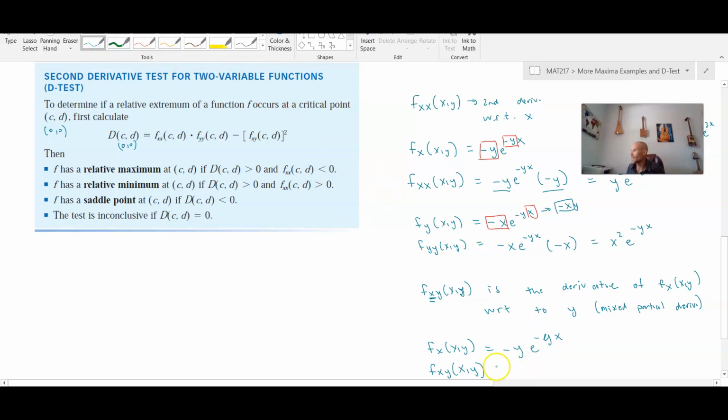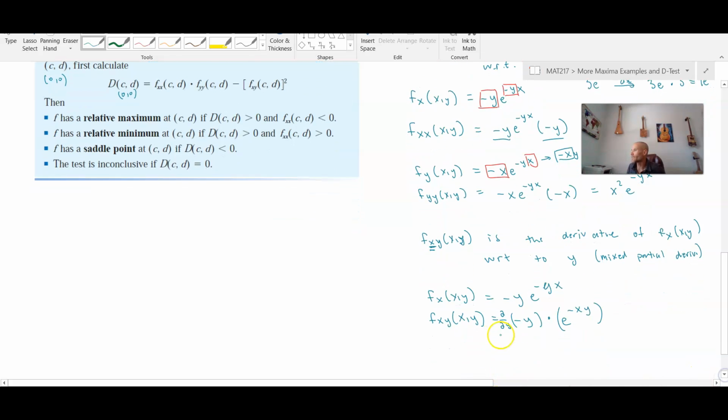Okay, so I'm going to write this like this. I see I have a product of a function of y times another function of y. All right, so I want to take the derivative of this with respect to y. So because it's a product of two factors, both of which involve y, I have to use the product rule.